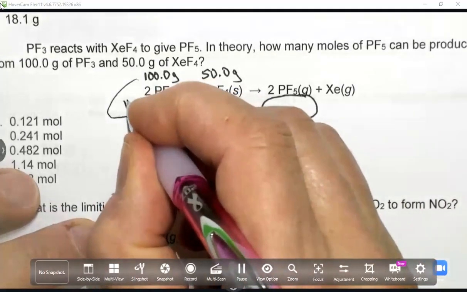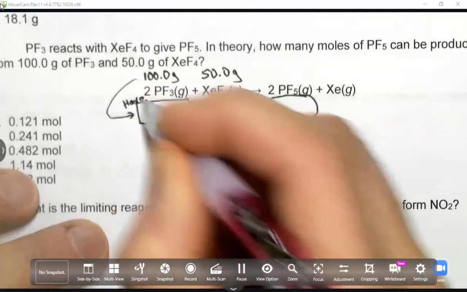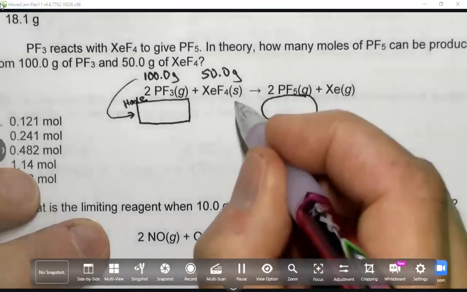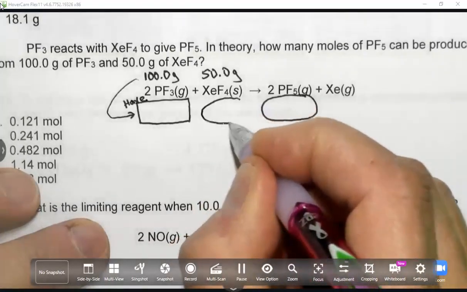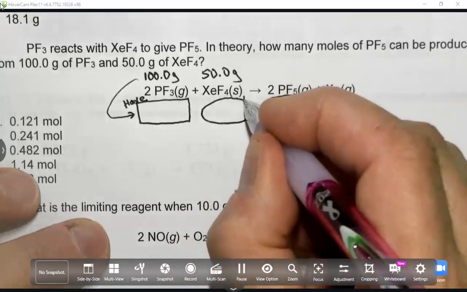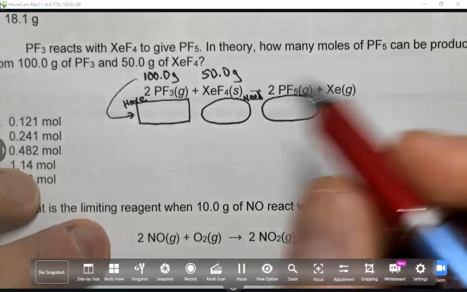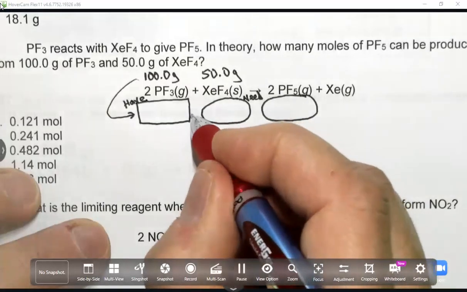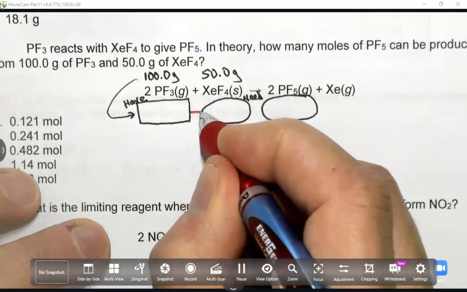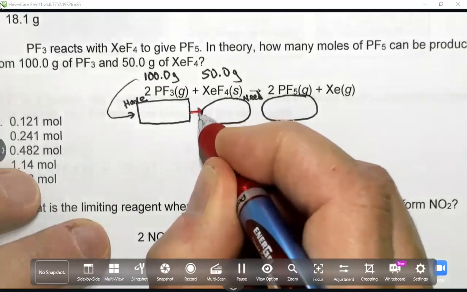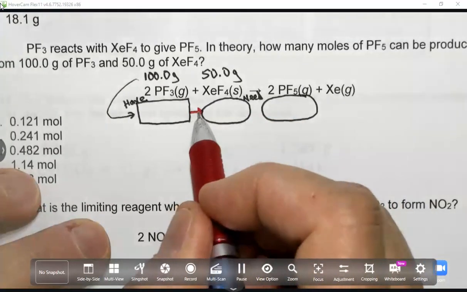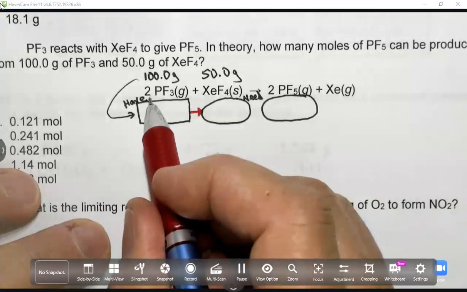This will be how much we have. Then we're going to calculate how much we need. And my mole factor fraction right here to figure this out is going to be 1/2.